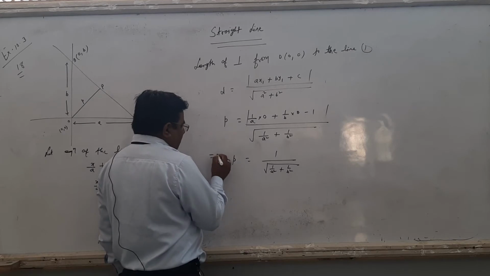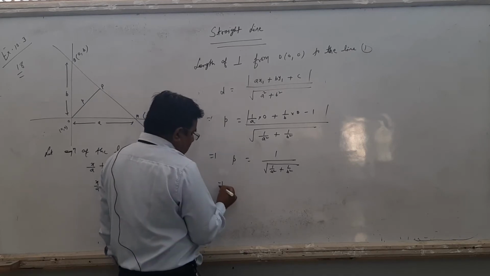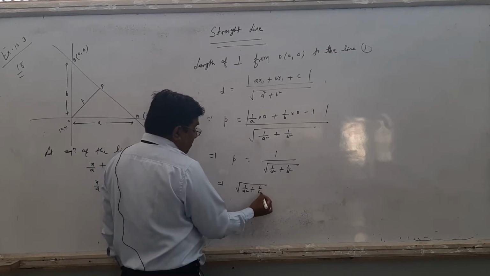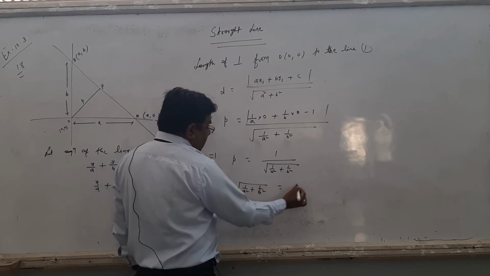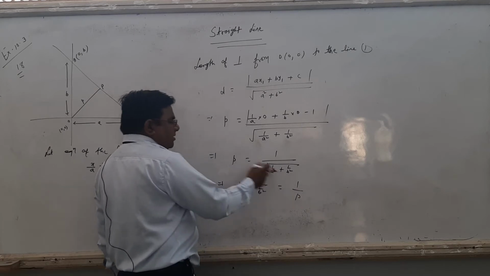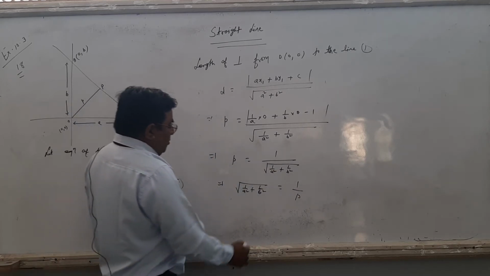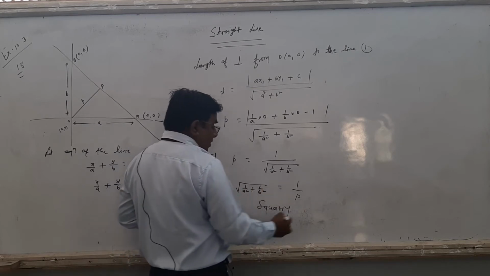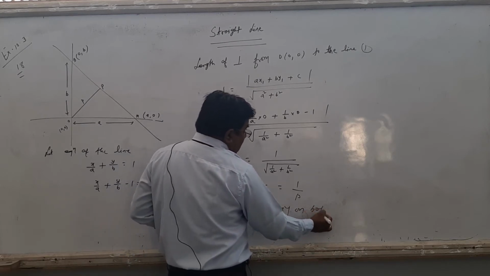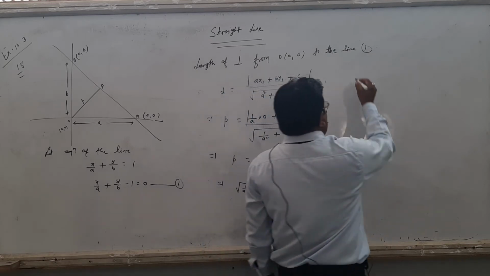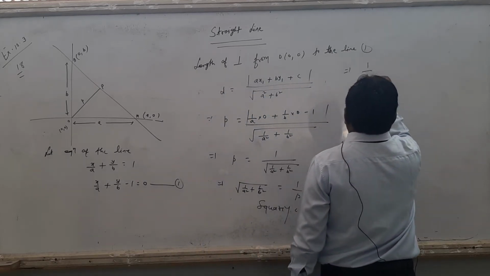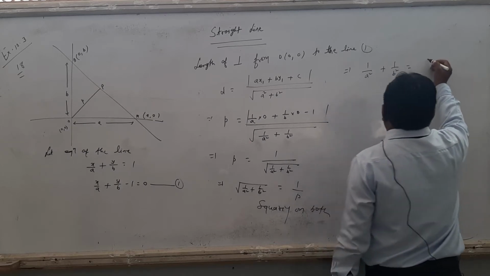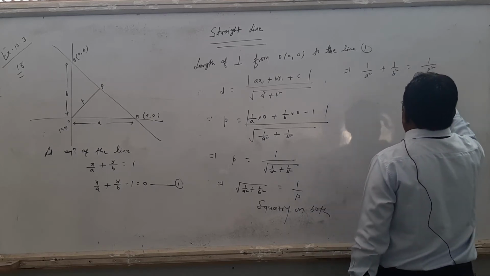Now cross multiply, then this root is transferred to this side, and that side is 1 upon p. Now squaring on both sides. Why? To remove the square root, squaring on both sides. This side the square root cancels. Left is 1 upon a square plus 1 upon b square equals the square of 1 upon p, that is 1 upon p square.